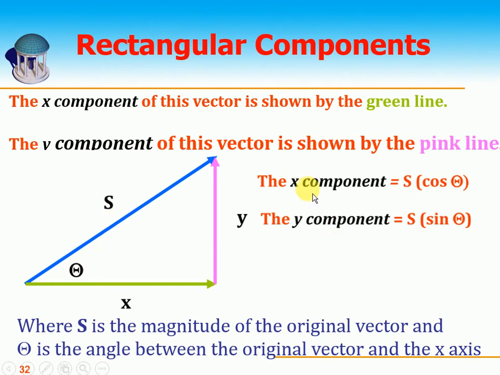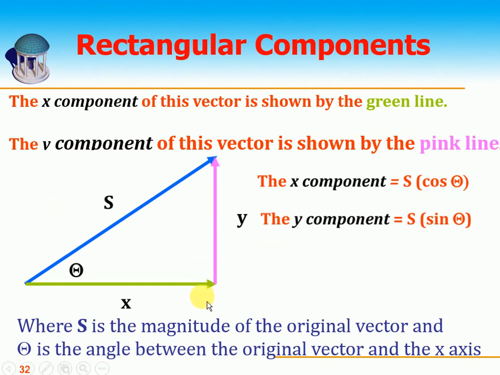So x is equal to S cos theta. Similarly, if you take sine, it's perpendicular upon hypotenuse. So therefore we get y is equal to S sin theta. Remember that any component opposite to theta, whether it is the x-axis or the y-axis, is always sin theta, and adjacent is always cos theta.